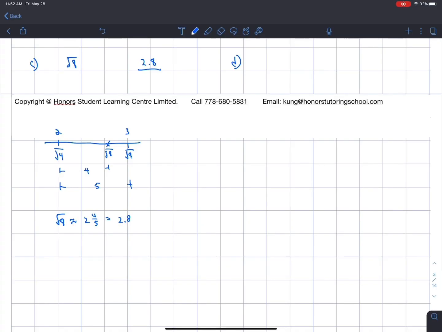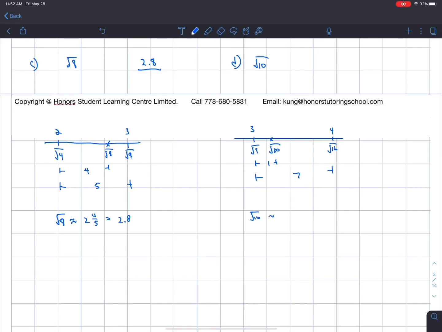D, square root of 10. The square root of 9 and the square root of 16. The square root of 10 is right here. This is 3 and this is 4. From 9 to 10, the distance is 1. From 9 to 16, the distance is 7.